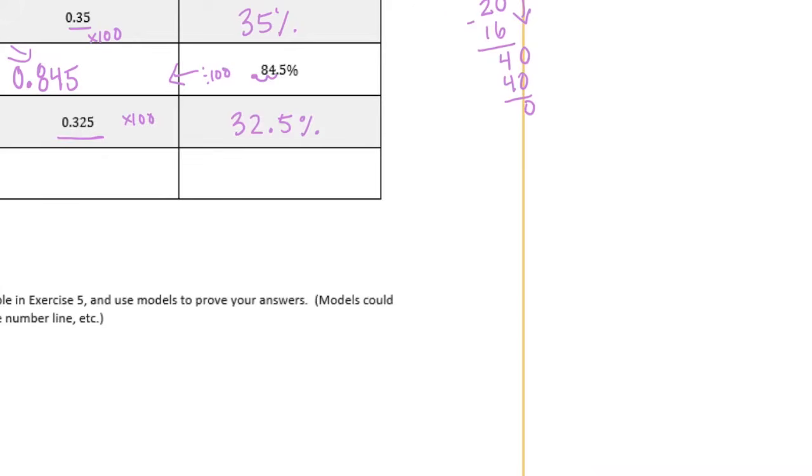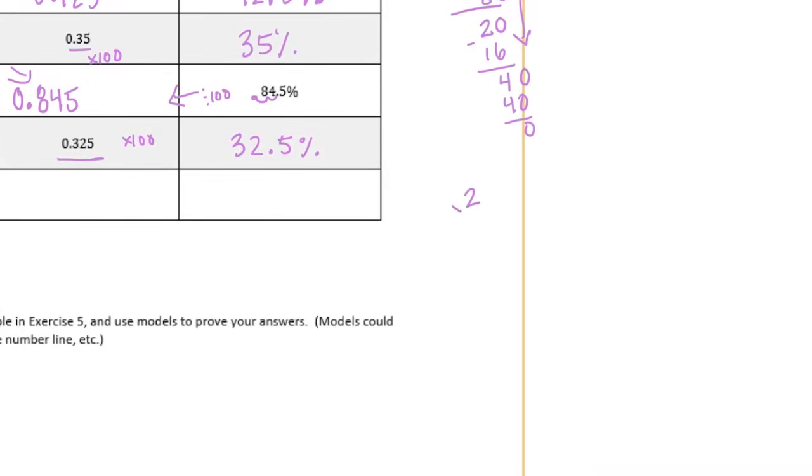So I'm going to do 2 divided by 25. I'm going to put my decimal and add some zeros. Hopefully I don't need all those, but 25 can't go into 2, it can't go into 20, but it could go into 200. Let's see, 25 goes into 100 4 times.